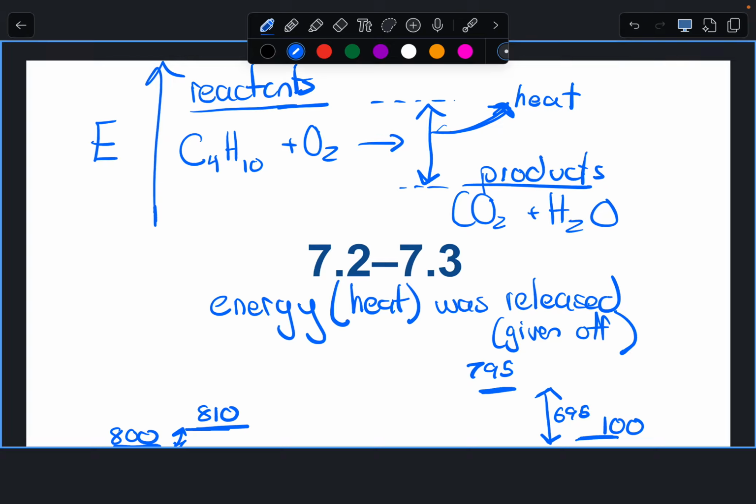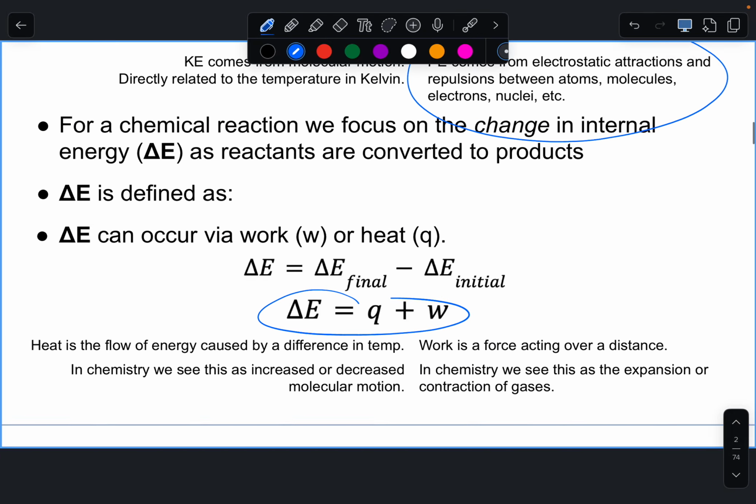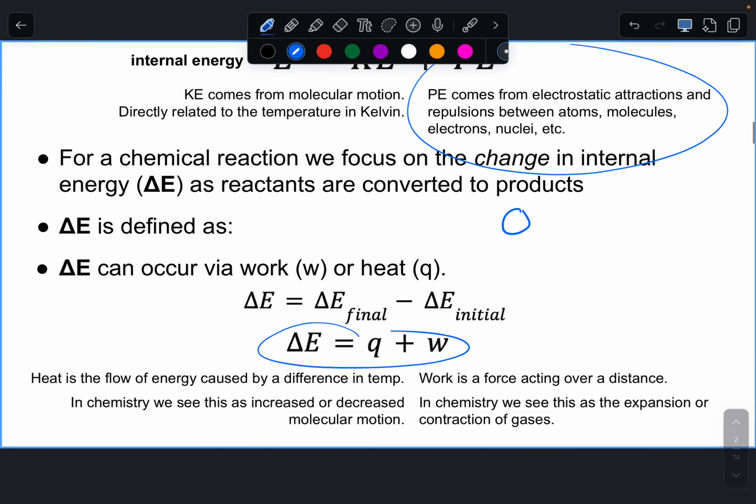In a very simple example, just think of like if I have two oxygen atoms and I form an oxygen double bond, this is at a lower potential energy state because I just formed a bond, right? When I form bonds, I'm increasing those shared electrons like we talked about last unit. And so that is inevitably going to decrease the potential energy.